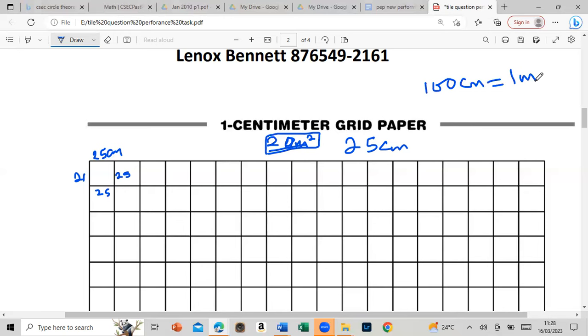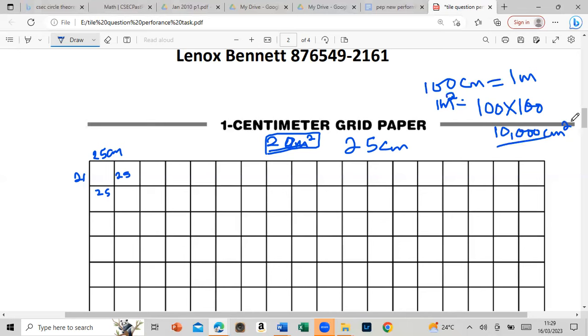We also know that 1 meter square would be equal to 10,000. And this is where it's going to get confusing. How do we get that? It's 100 centimeters multiplied by 100 centimeters. So 1 meter square is equal to 10,000 cm square.